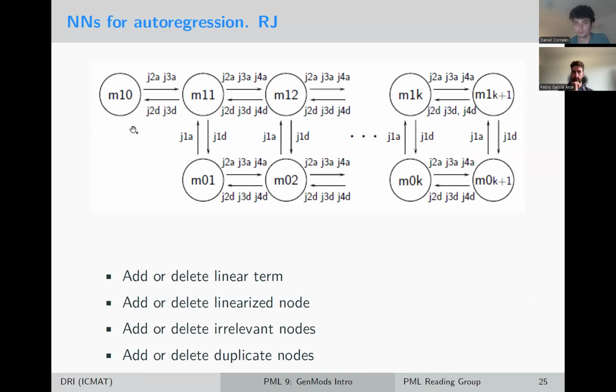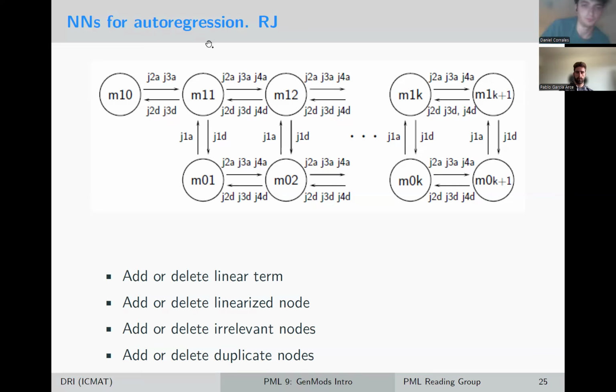We have a model which is just linear. We have nonlinear models, with one hidden node, two hidden nodes, etc. And mixed models, with a linear part and a nonlinear part with one, two, etc. And then we need to define jumps between them. The dimensions of these models change, and we need to define acceptable moves between those models.